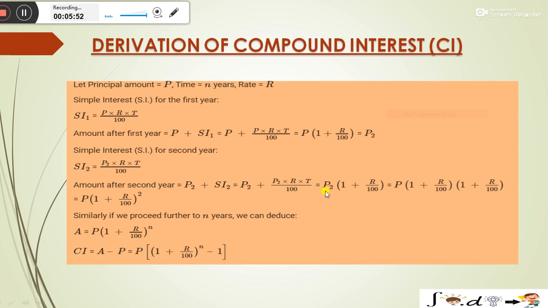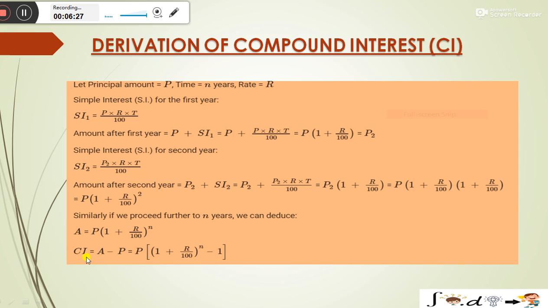Again simplifying this, we get P2 into 1 plus R by 100, and P2 is P into 1 plus R by 100, into R by 100, and therefore it becomes P into (1 plus R by 100) squared. And similarly, if we proceed further to n years, we can deduce this: A is equal to P into (1 plus R by 100) to the power n.